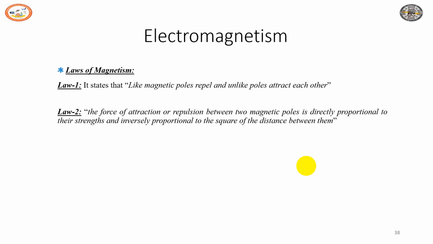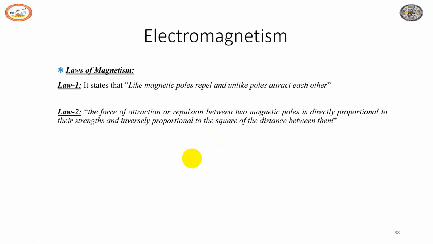Before getting into Faraday's laws of electromagnetic induction, let us define the laws of magnetism. We have studied in lower classes that law 1 states that like magnetic poles repel and unlike poles attract each other.